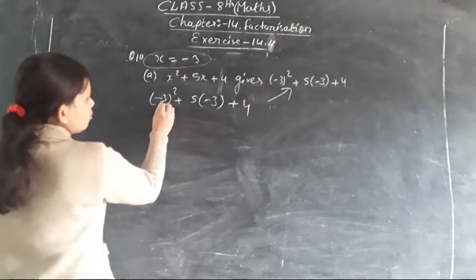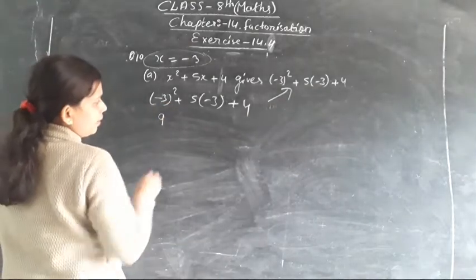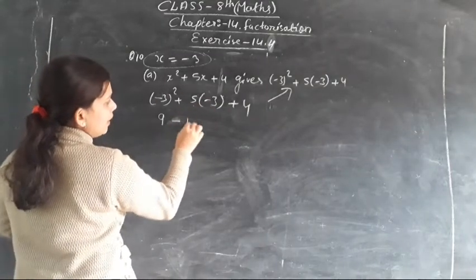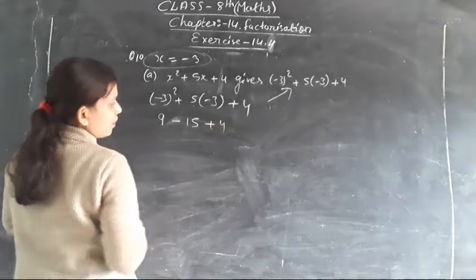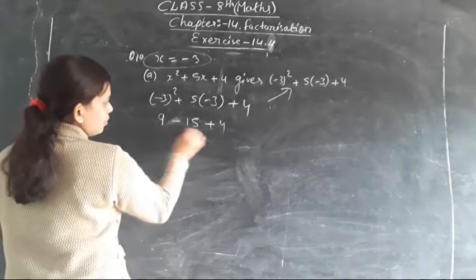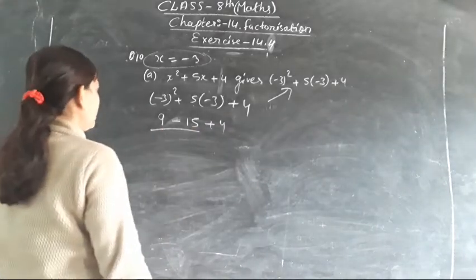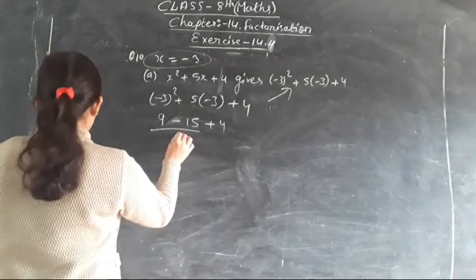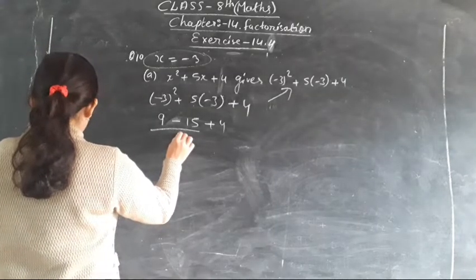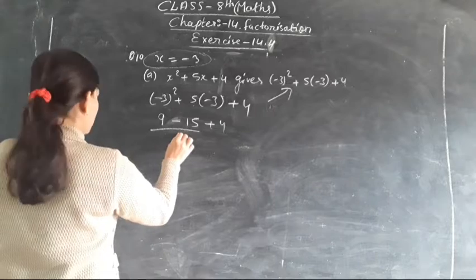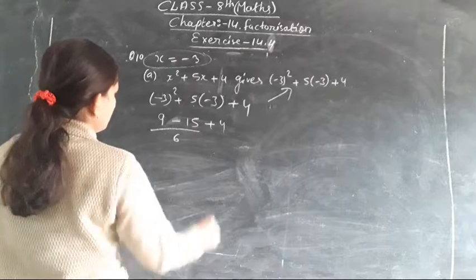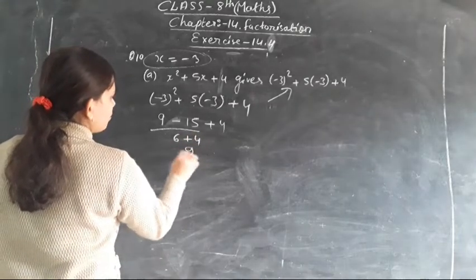Now minus 3 into minus 3 will be plus 9, isn't it? 5 threes are 15 and the minus will come outside, plus 4. So if we subtract, 9 minus 15 is minus 6, plus 4, that is equal to 9?